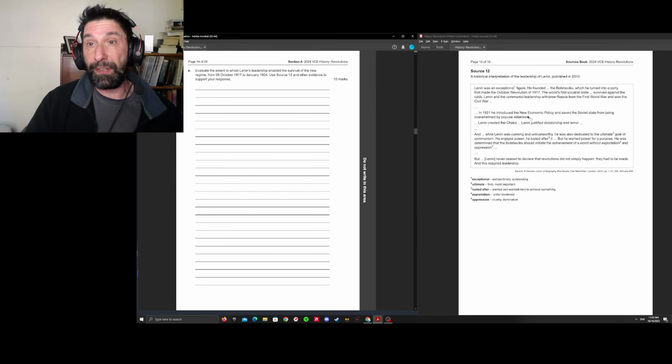We also had the workers' opposition led by Alexandra Kollontai criticising some of the Bolshevik policies. We also had other peasant uprisings, like the Tambov revolt going on at this time as well.